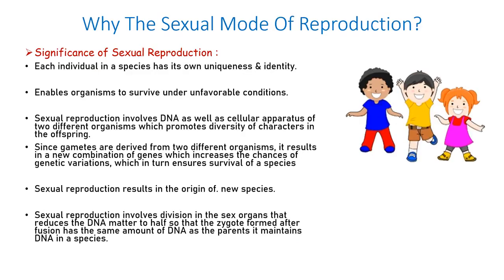Let's see the significance of sexual reproduction. Now each individual in a species has its own uniqueness and identity. So no one is similar to each other. Everyone is unique. Everyone has its own identity, right? And this identity is possible only because of the DNA, right?